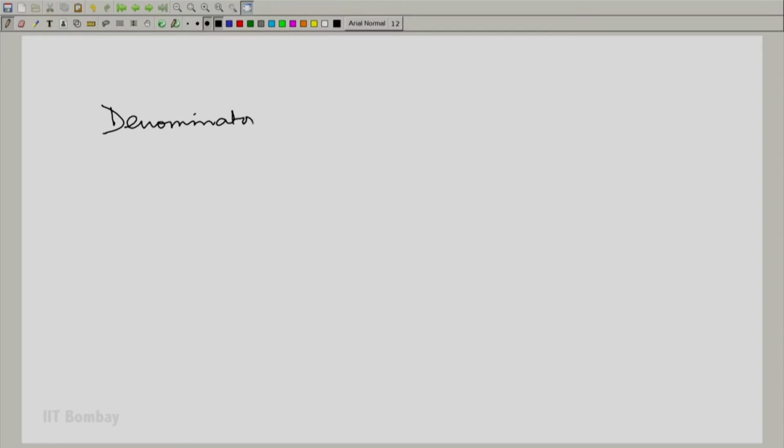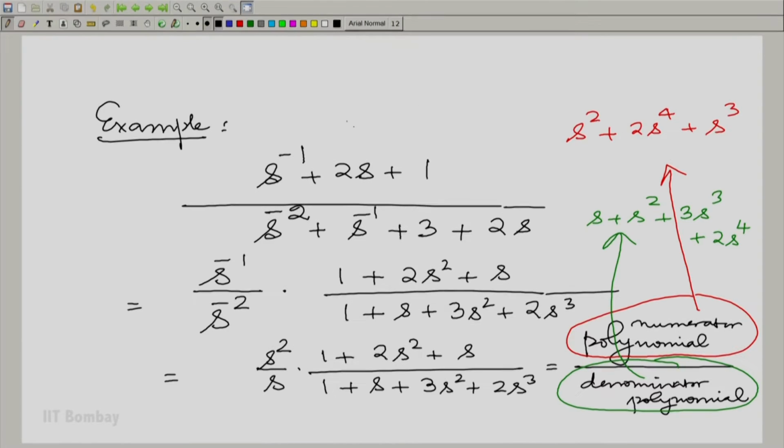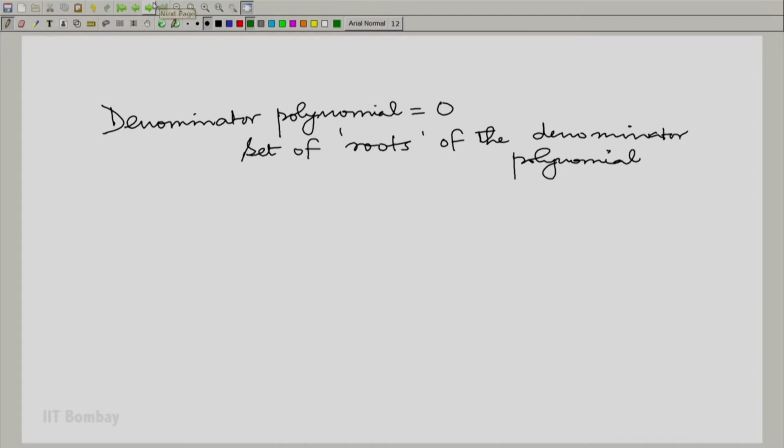So, let us put the denominator polynomial equal to 0 first. We get a set of roots. For example, in the example that we just discussed a few minutes ago, we are talking about this polynomial and we are saying put it equal to 0. So, what would you have there? You would have s plus s squared plus 3s cubed plus 2s to the power 4 is equal to 0.